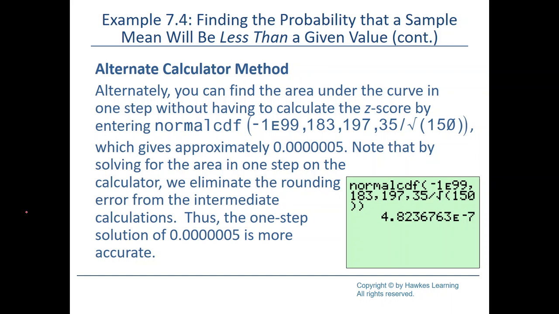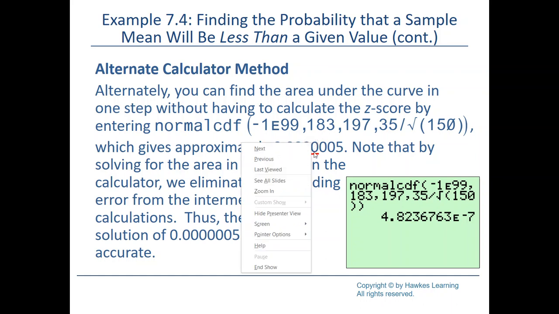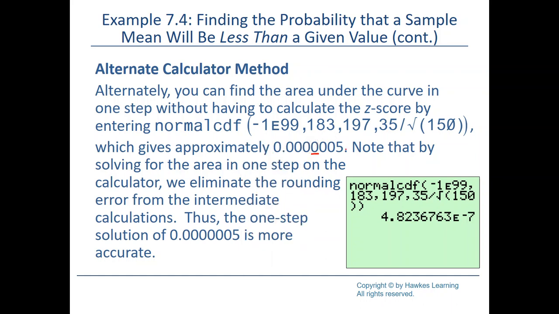That's how I know that when I start rounding to 4 decimal places here, it is still going to keep it 0. It is very, very small, but it is a little bit more accurate to use the calculator than it is to use the table.